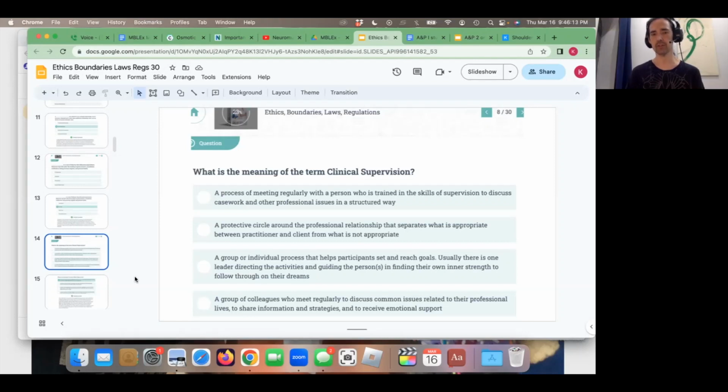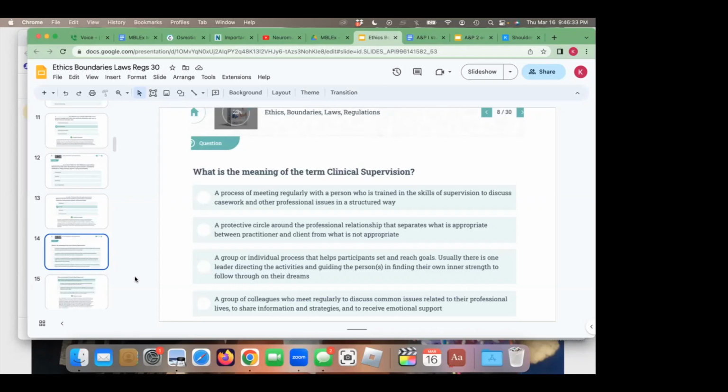Is it a group or individual process that helps participants seek and reach goals? Usually there is one leader directing the activities and guiding the persons in finding their own inner strength to follow through on their dreams. Is it a group of colleagues who meet regularly to discuss common issues related to their professional lives, to share information and strategies, and to receive emotional support? Which one? B or D?